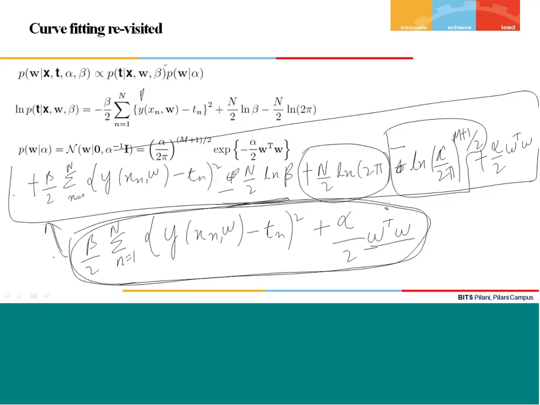And w transpose w is nothing but the norm squared, and this you can take as b. So here lambda equals alpha by beta. This is the same as what we used in regularization. So the Bayesian approach, when you take the prior, results in the same expression that you got in the regularization.